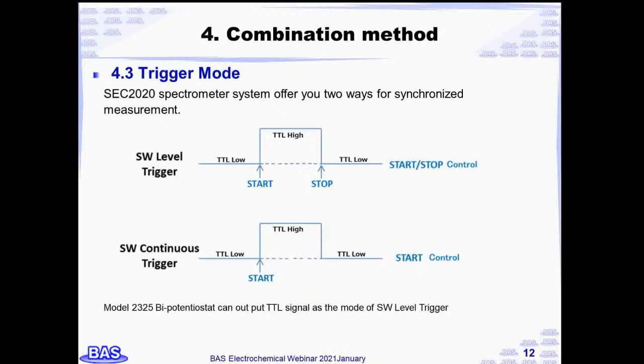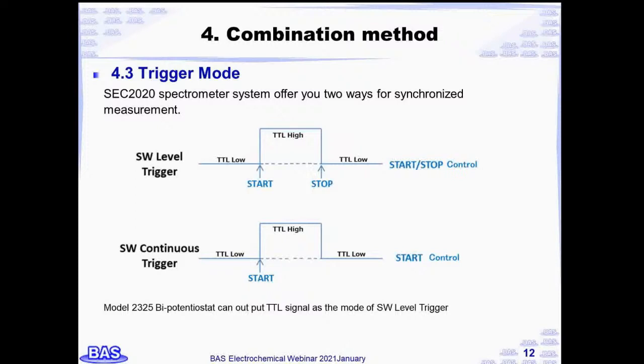In the case of the software continuous trigger, the measurement starts when the external input TTL signal changes from low level to high level, but when it changes from high level to low level, the measurement doesn't stop, and it is designed to measure continuously until stopped by software.